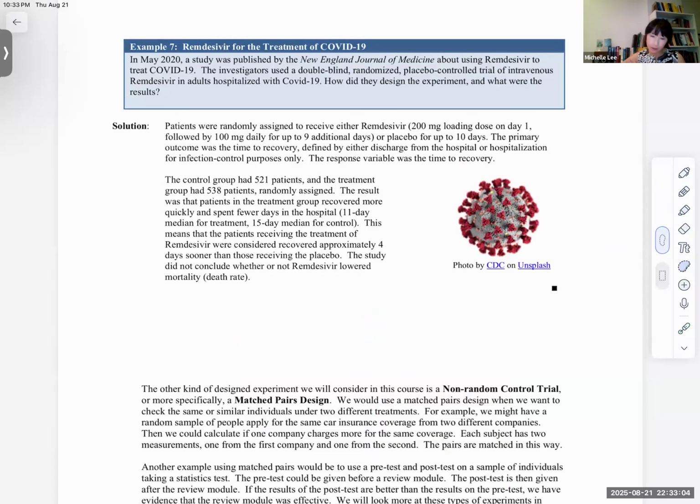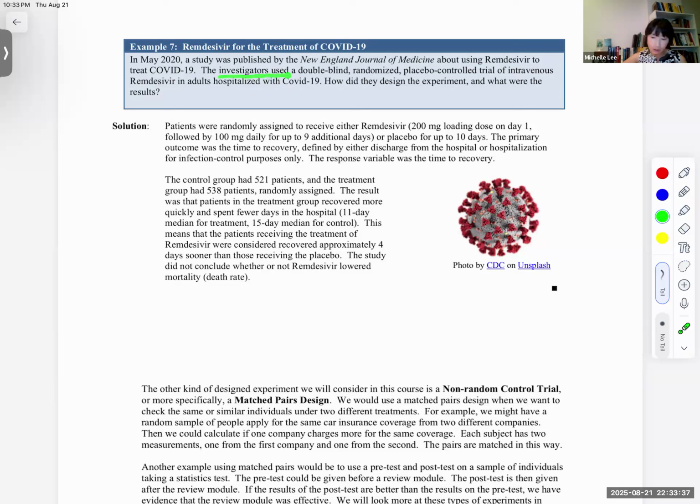Let me just read this example and then two terminologies here, then we are done. So we have remdesivir for the treatment of COVID-19. A study was published by a medical journal about using remdesivir to treat COVID-19.